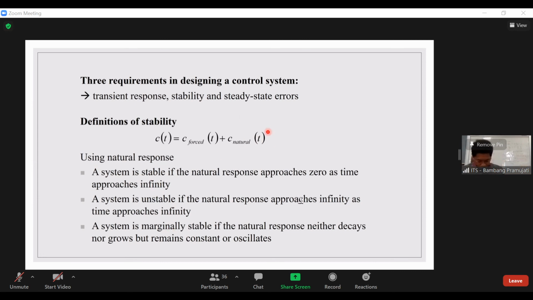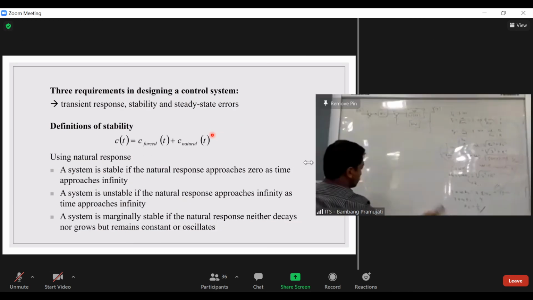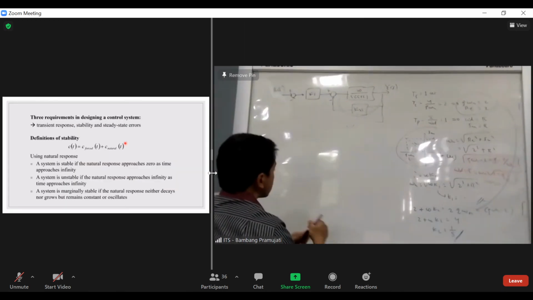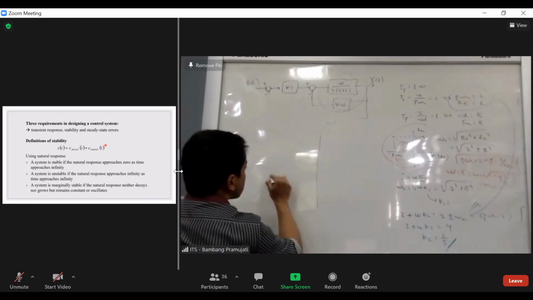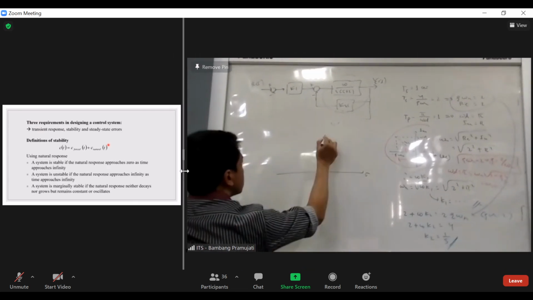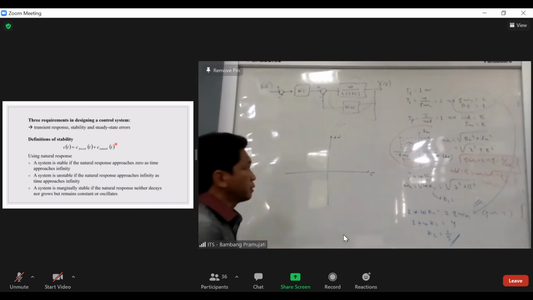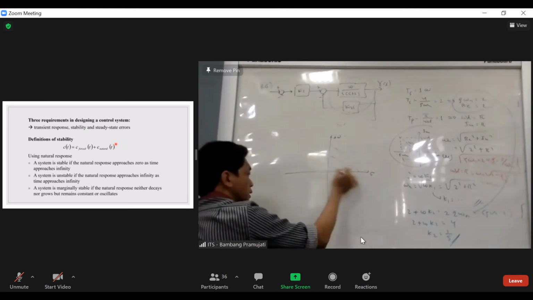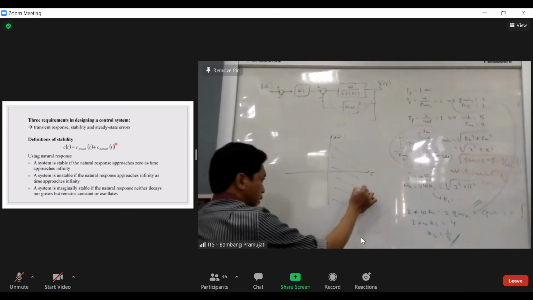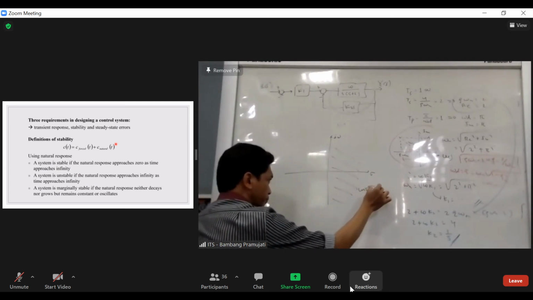ya dulu pernah kita diskusikan kalau kita punya yang mendefinisikan tiga itu, kalau kita kaitkan dengan location of the pole, then this is what we are going to have ya. We have this. Kalau kita punya pole located on the right half plane, which is this, satu saja, ya maka sistem kita menjadi unstable.